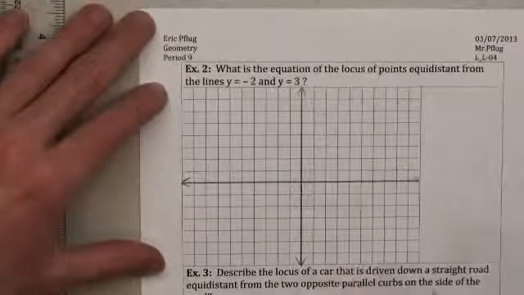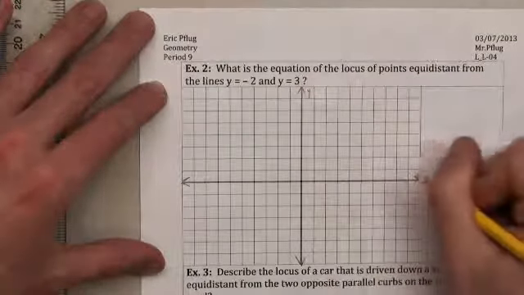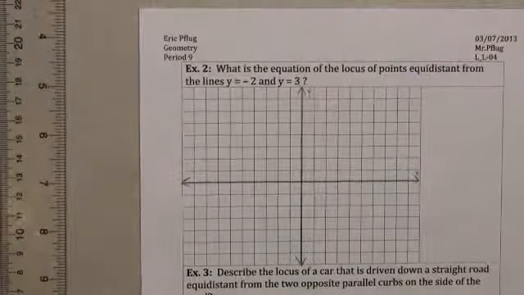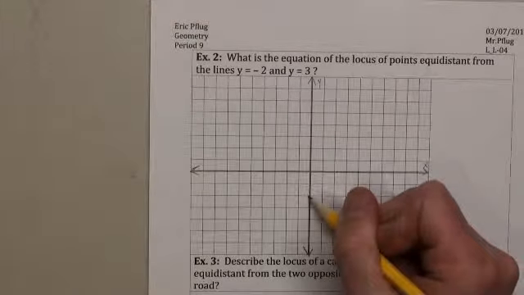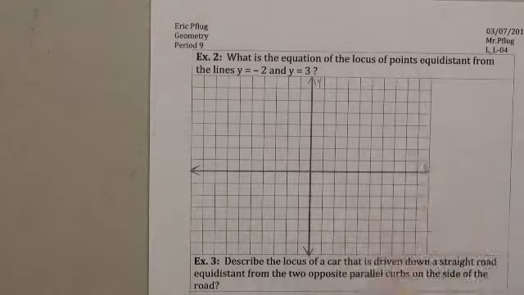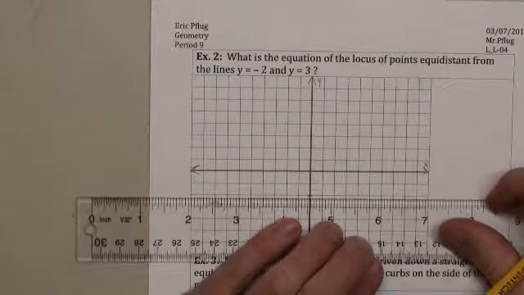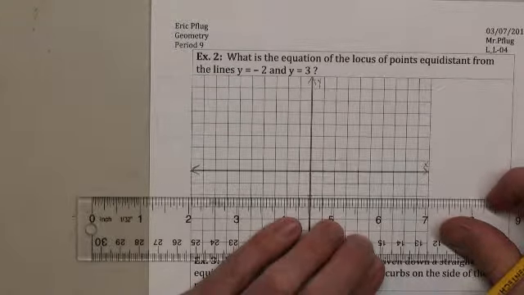Always label your axes. You'll lose points for not labeling your axis. Okay, y and x. So first the line y equals -2. That goes through the y-axis at -2, and it's a horizontal line.